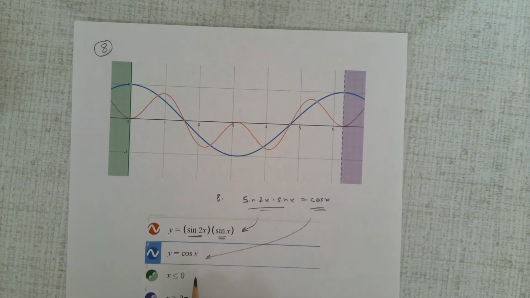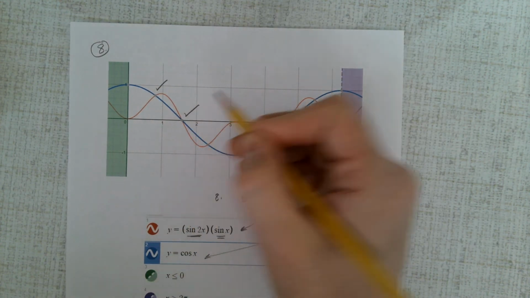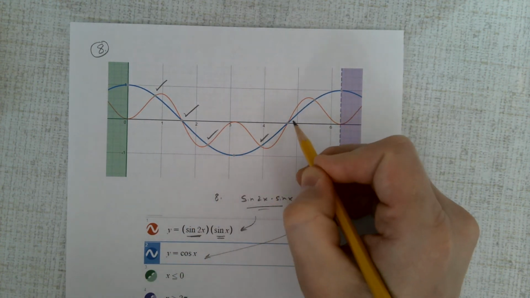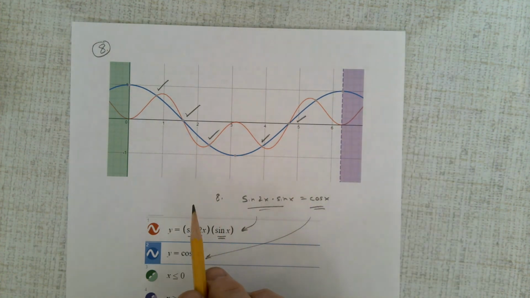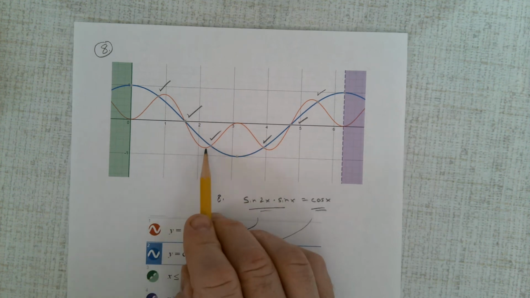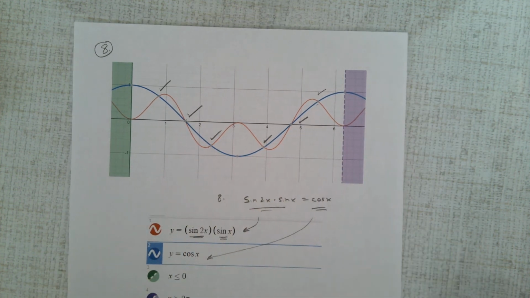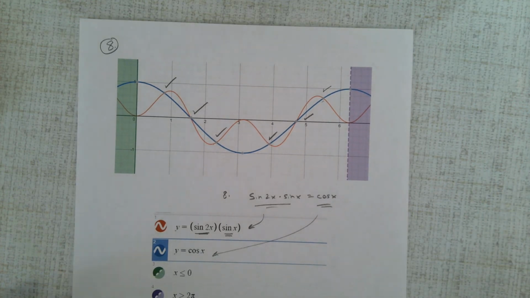Where do the red and blue cross? Well, right here, right here, right here, right here, right here, I missed one, and right there. That's 1, 2, 3, 4, 5, 6 solutions to this problem that you have to come up with. And you get there by factoring.